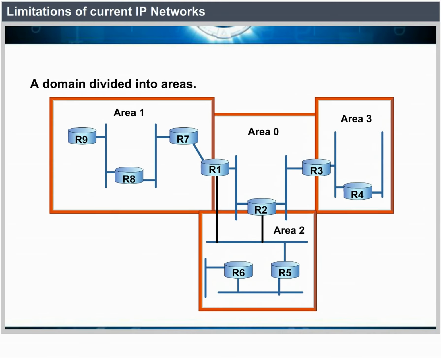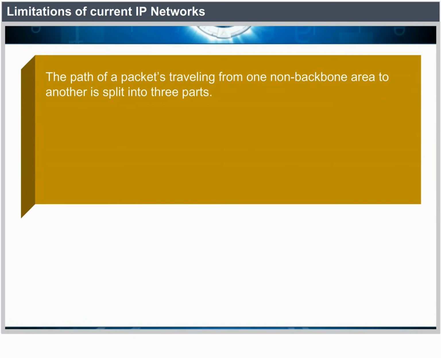The path of a packet that has to travel from one non-backbone area to another can be seen as being split into three parts. First, it travels from its source network to the backbone area. Then, it crosses the backbone. Then, it travels from the backbone to the destination network.